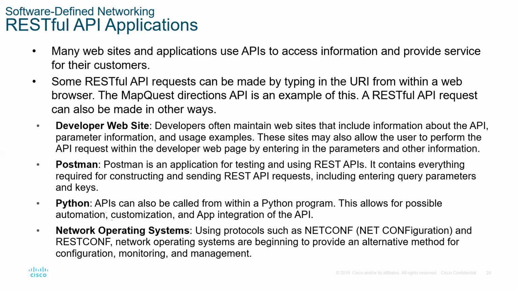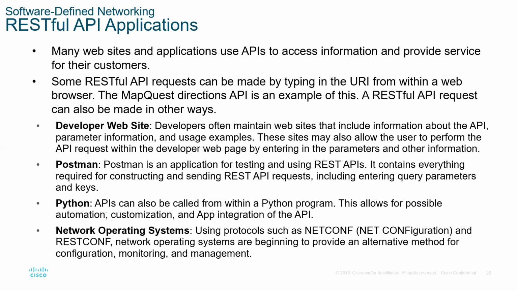One, developer websites. Developers often maintain websites that include information about the API. Two, we can use API testing tools, and that one is very common, Postman, which is an application for testing and using REST APIs.